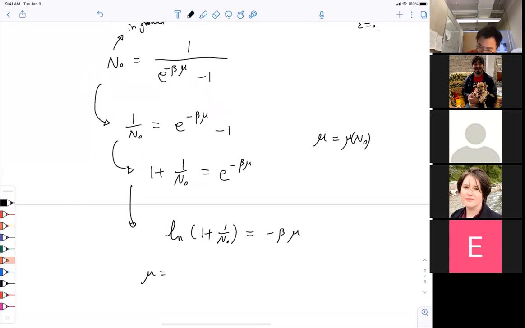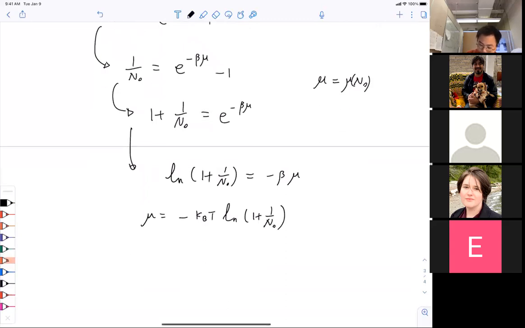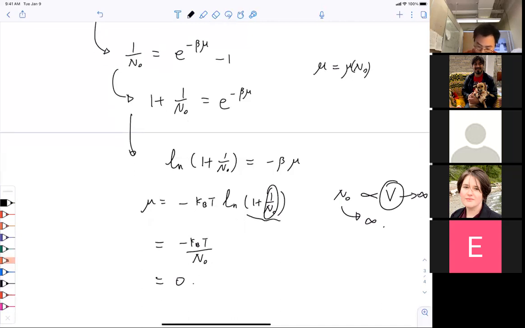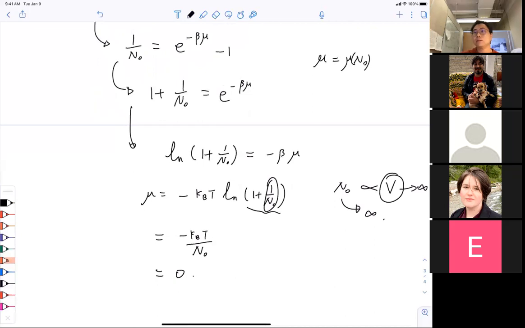So mu equals minus kB T log of 1 plus 1 over n naught. Because remember, n naught is proportional to the size of the system, which is a large quantity, so this is small. In the thermodynamic limit, V goes to infinity, meaning that n naught also goes to infinity. So mu is 0, and everything is self-consistent. So this is another remark I want to say.